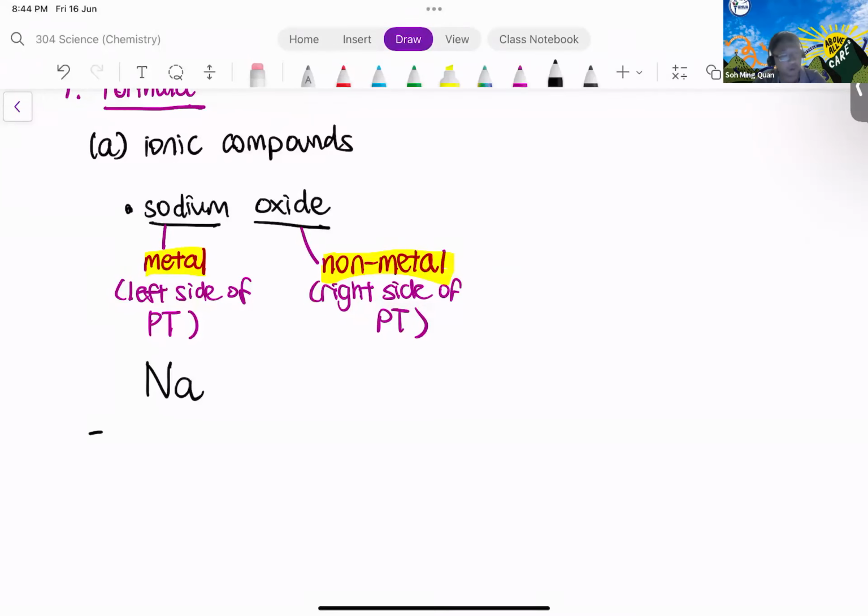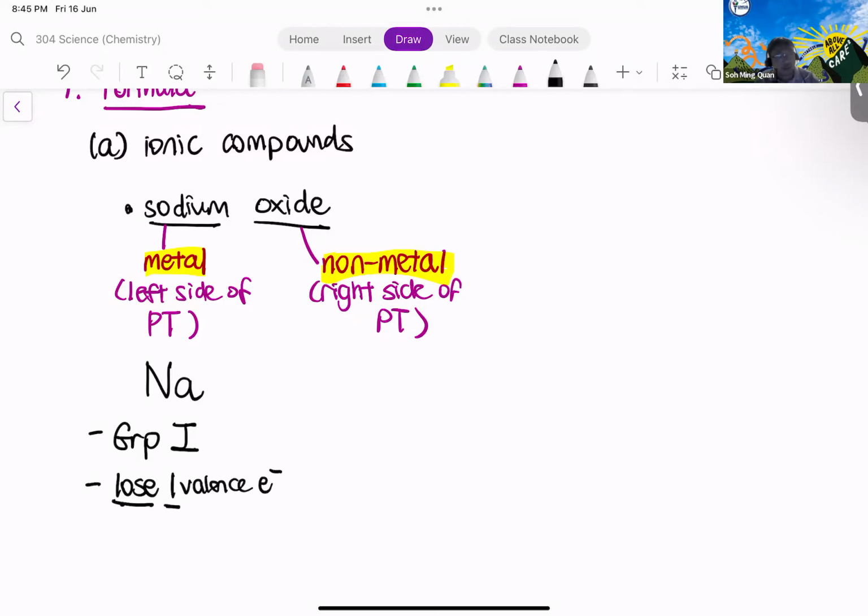We know by now, if the outer shell only has 1 electron, it's not stable because the outer shell is not fully filled. So sodium will lose 1 valence electron. You notice Mr. Soh has written electrons as e minus. This is to remind myself that electrons have a negative charge.